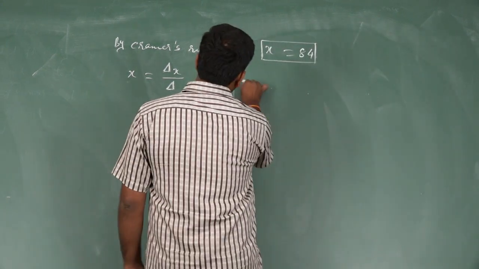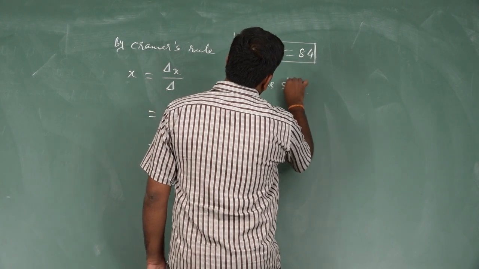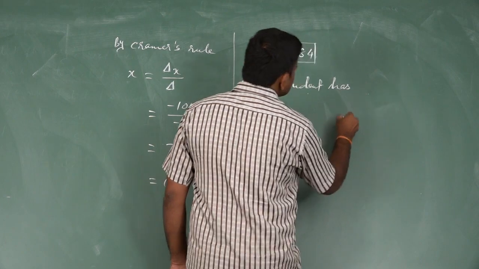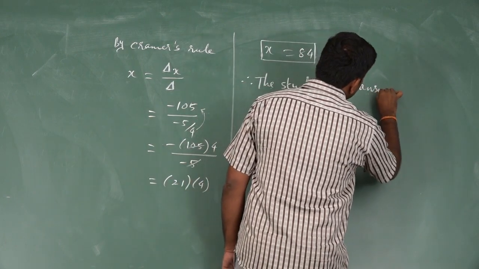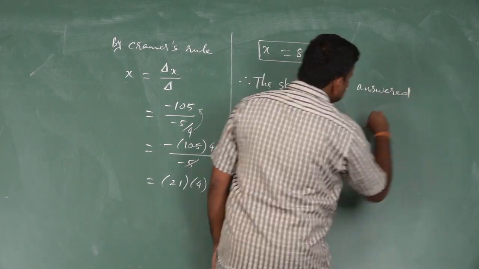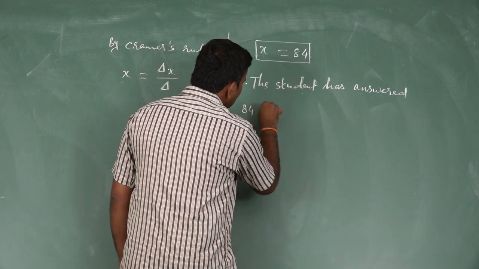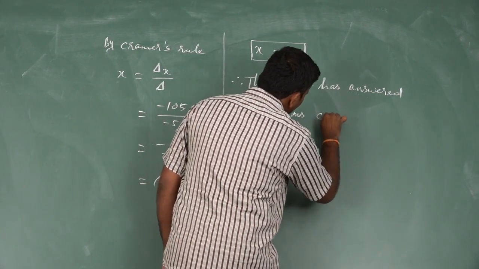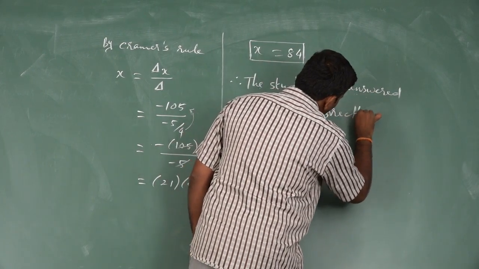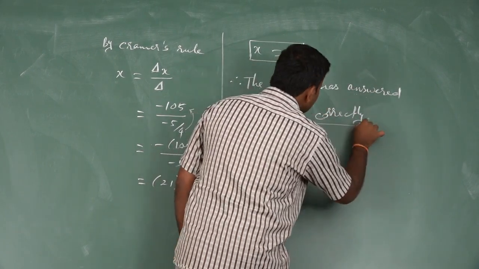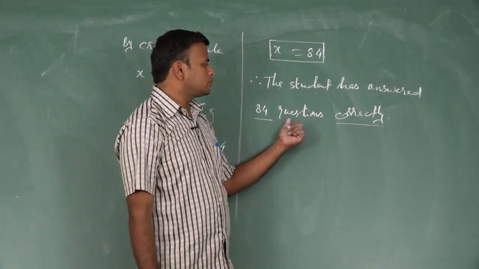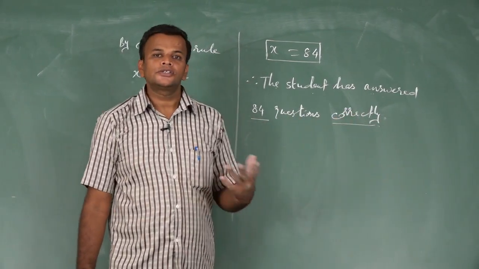We must write the conclusion. Therefore, the student has answered 84 questions correctly. Is that understood?